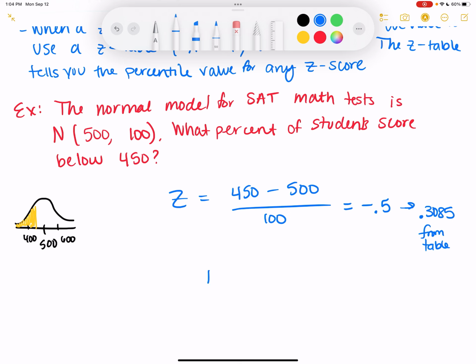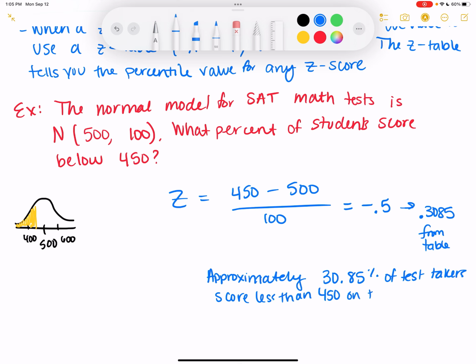So approximately 30.85% of test takers score less than 450 on the test. So the z-score just tells you that you are basically half a standard deviation away, but we need to add up everything that is below that.